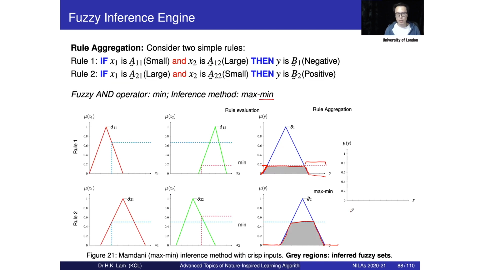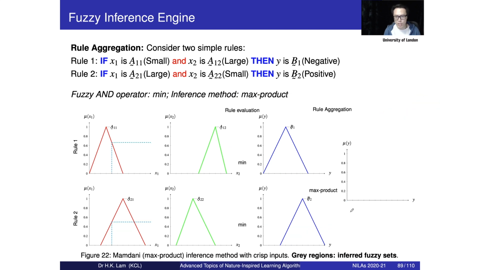And now I'm going to give you another example. The example is very similar. The only difference is that instead of using max-min, I'm going to use max-product. So the AND operator is min, and these two rules are exactly the same.